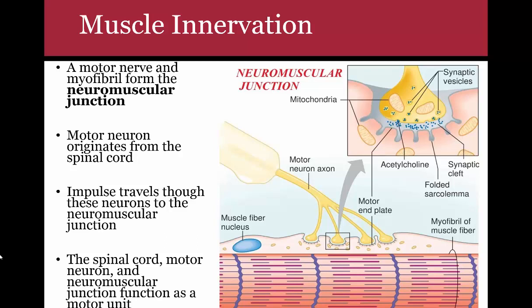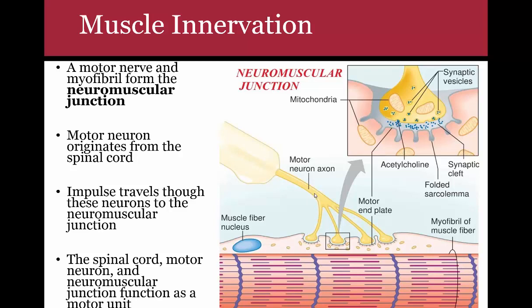We call those neurons motor neurons, and they originate from the spine, if you remember from our previous lecture on the spine and the central nervous system. And so you have these motor neurons which then synapse onto the muscle fibers.